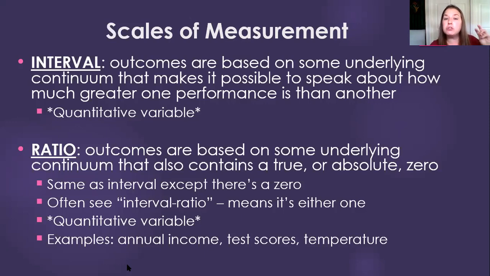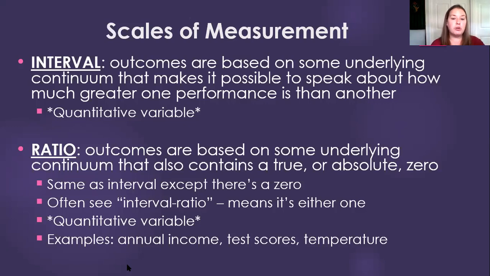And we can measure the distance between each category. That's what makes it interval. Somebody who spends $200 on a night out spends $150 more than the person who spends $50. So anytime there's a variable that has a numeric value as one of the outcomes, that's how you know it's an interval level variable.